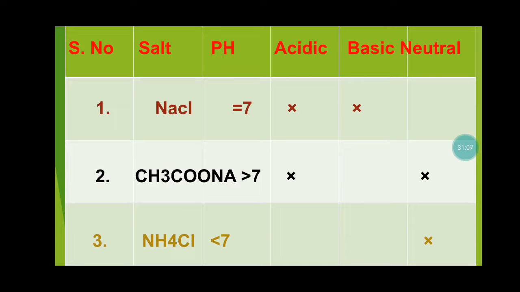Now look at the chemical reaction involved: sodium hydroxide and acetic acid. Which is the stronger one, acetic acid or sodium hydroxide? Right, sodium hydroxide is a strong base compared to acetic acid. Acetic acid is a weak acid.